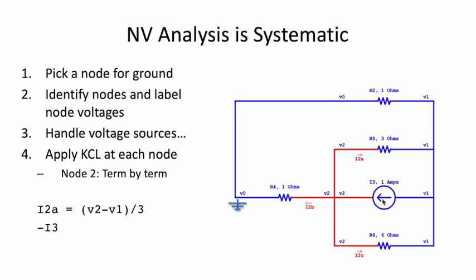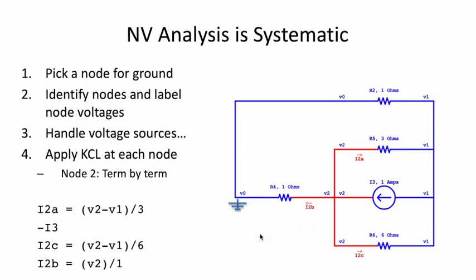Now we have the current in this middle branch here. It is opposite the direction of the current source, so we would subtract. In this case, it's going to be minus 1. I2C off to the right. That's going to be V2 minus V1 over 6. Lastly, I2B off to the left.